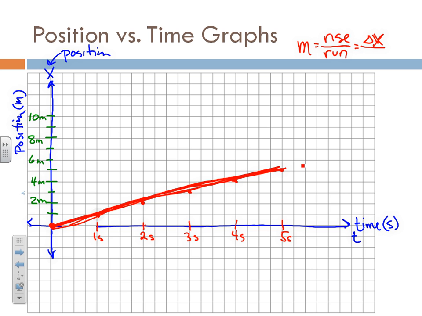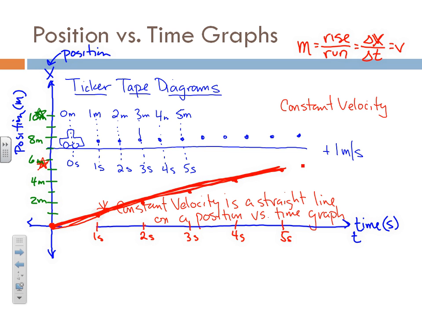And as I go along my run horizontally, I'm changing my time. So my run is a change in time. That should look really familiar, because a change in position over a change in time really is the velocity. So the slope of a position versus time graph is the velocity.